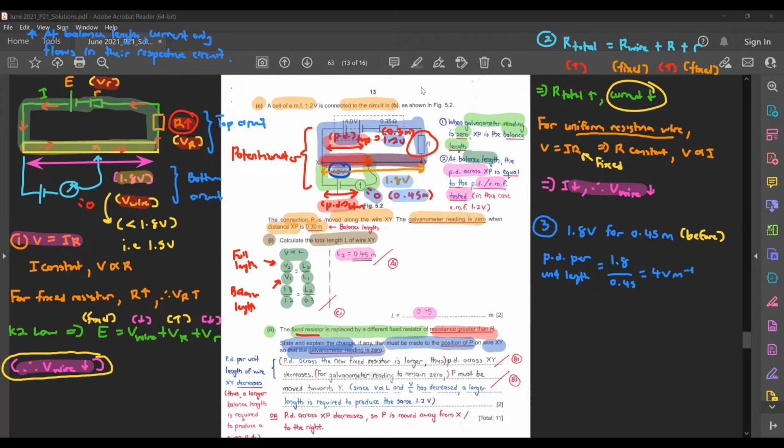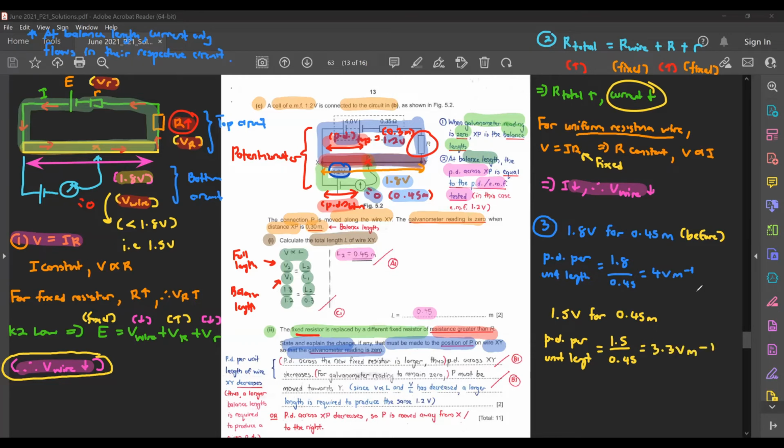So if we have 1.5 volts for the same full length of the wire, our PD per unit length would be 1.5 divided by 0.45, giving us 3.3 volts per meter.